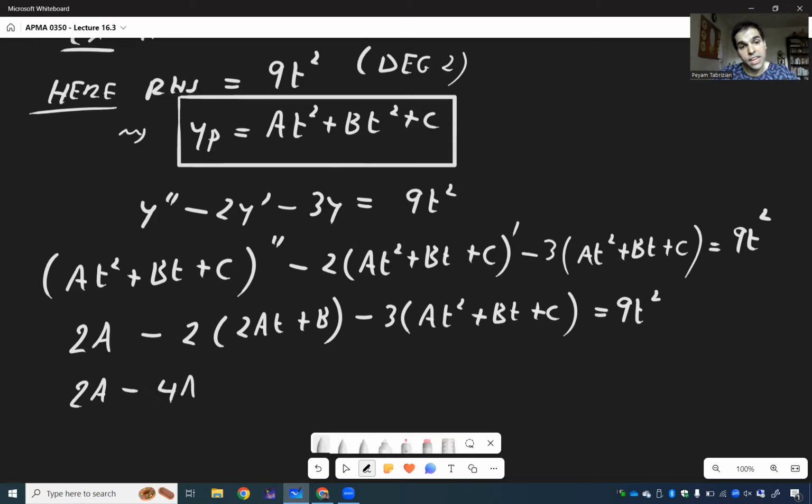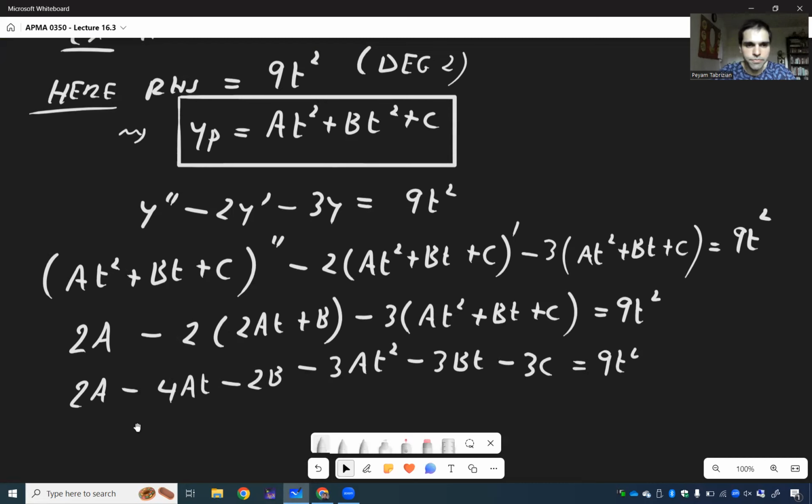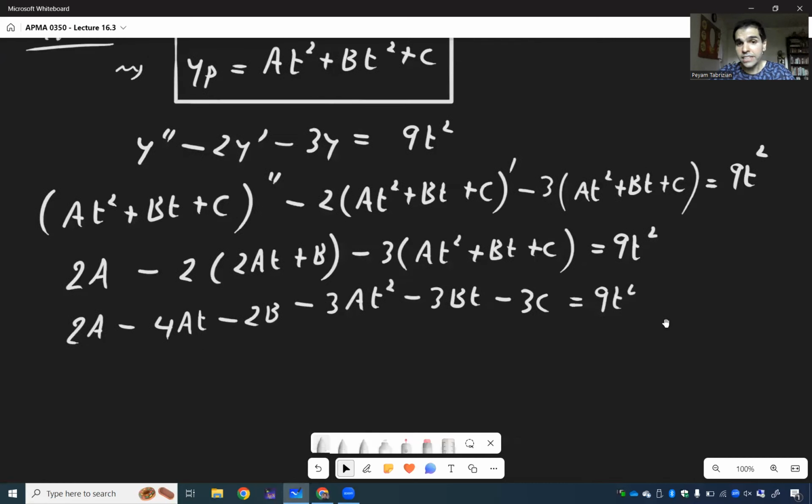So 2a minus 4at minus 2b, and then minus 3at squared minus 3bt. I know it's a nightmare, but minus 3c equals 9t squared. And you see on the right-hand side, you have a quadratic thing. It would be nice if we can write the left-hand side as a quadratic thing, and we can do that. Let's just gather the coefficients. So minus 3at squared, then minus 4a minus 3b times t.